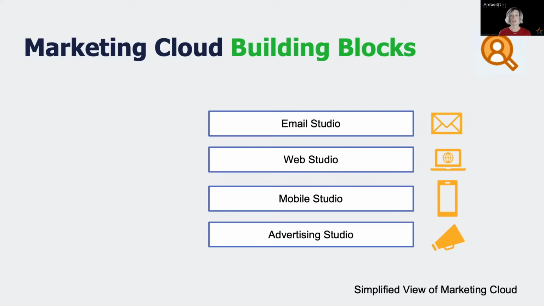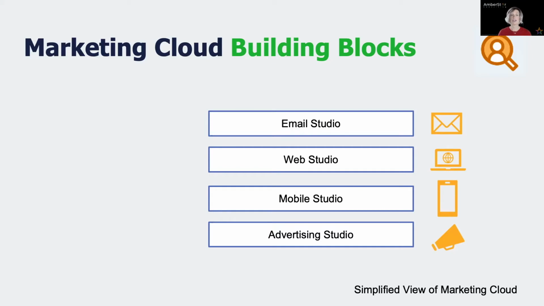So within Email Studio, that's where you would go to send emails. And in Mobile Studio, that's where you would go to send mobile messages and WhatsApp messages. And these channels broadly mean that people that work in those particular specialisms can work in those particular areas.